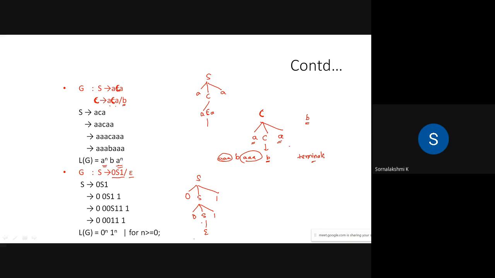This is not going to end until then, because your final string should not have non-terminals. It should have only terminals. So when you read this, epsilon has no value. It will be an equal number of zeros followed by an equal number of ones. So the language will be 0^n 1^n, for all n greater than or equal to 0. So this is our language.